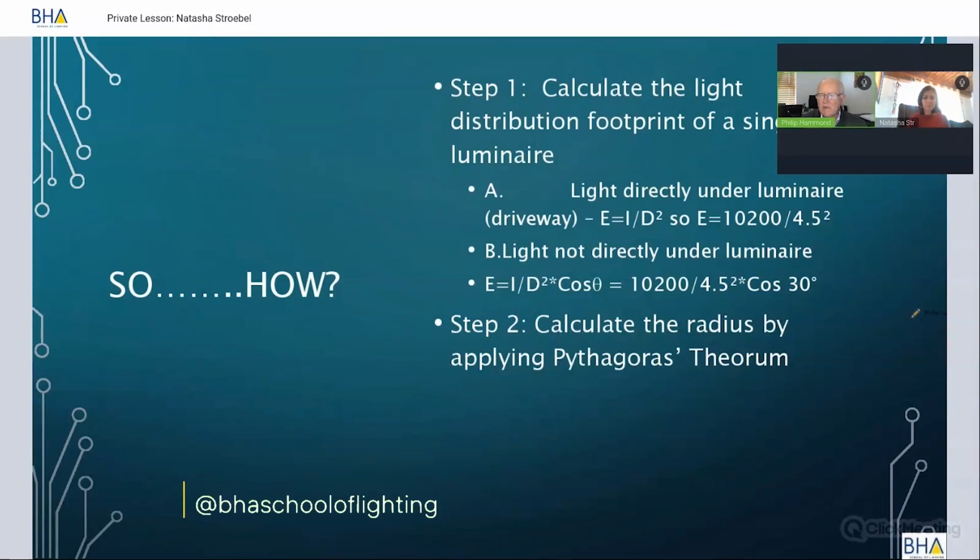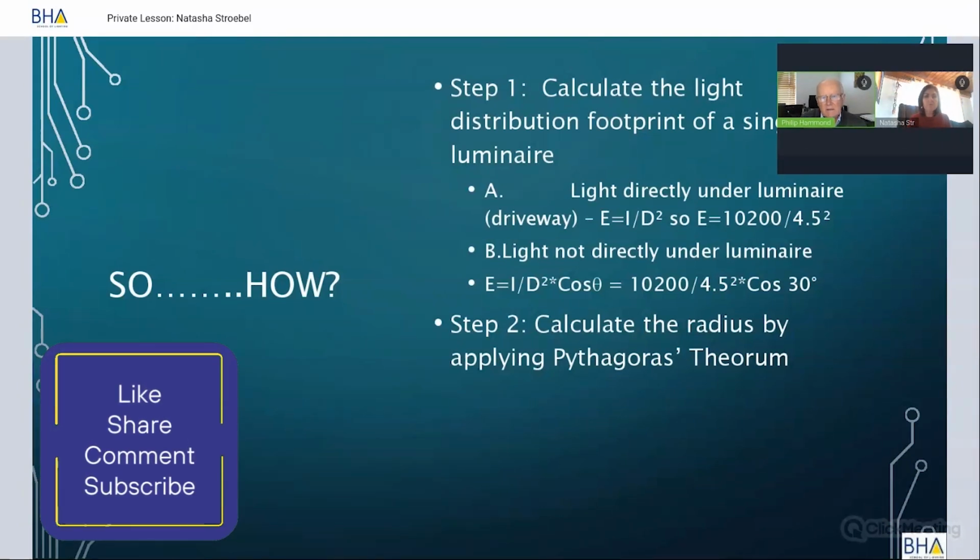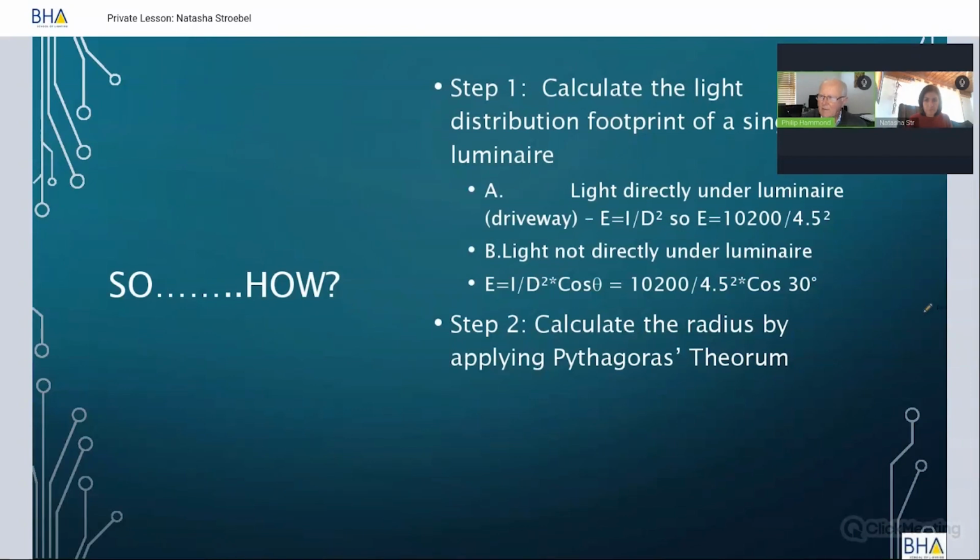To do that, you'd use E is equal to intensity multiplied by cosine theta, the angle that you're dealing with, divided by distance squared, which would equal 10,200 divided by 4.5 squared times cosine of 30 degrees. And if you remember 30 degrees in the trig tables, the convenience table, it was 0.8660.